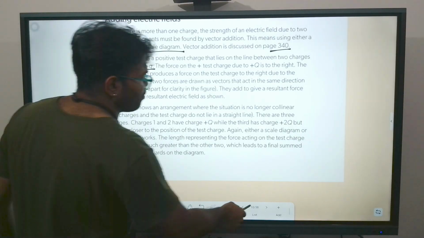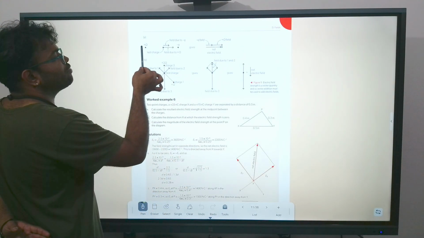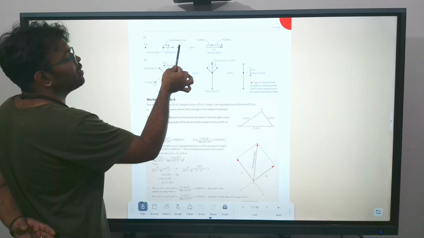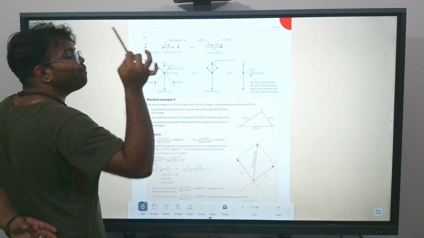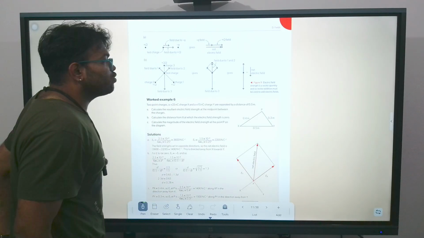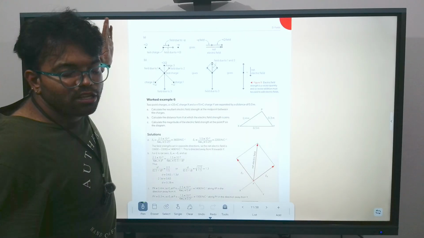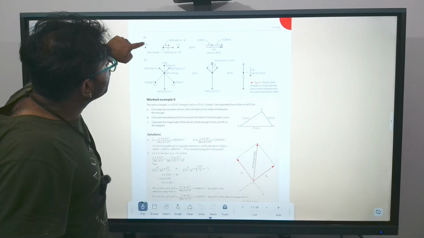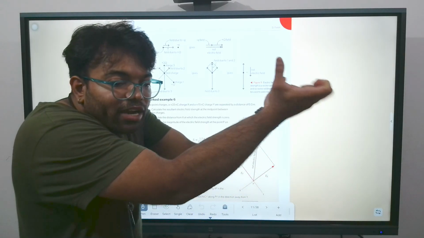Let me see the diagram first. Look at this. Now you have a positive charge q here, you have a negative charge minus q here, and here is a small positive test charge. The positive test charge is feeling an outward push due to this positive q. It is also feeling an inward attraction.